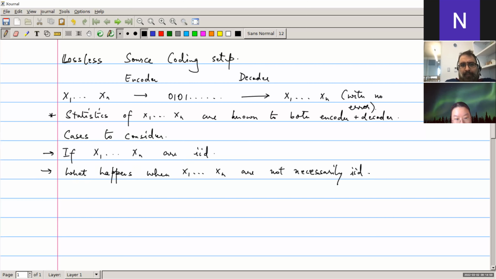So we look at a couple of cases: what happens when x1 through xn are IID, and what happens when they're not necessarily IID.